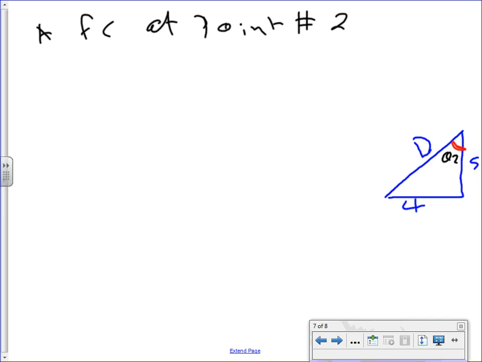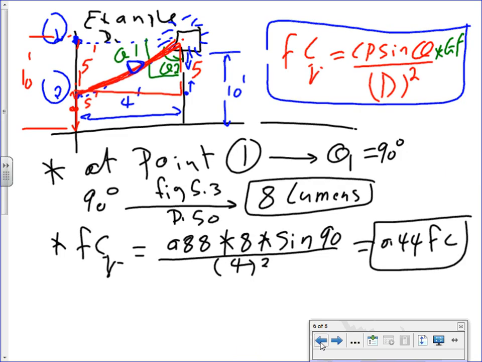I'm going to remind you guys, this is the triangle that's coming out of here. Do you see that red triangle? Here's point 2. I have 5 because it's halfway through: 5, 4, and here's the hypotenuse. Everybody can see where the 5, 4 came from? It's important to find the angle. And here's the Q2.